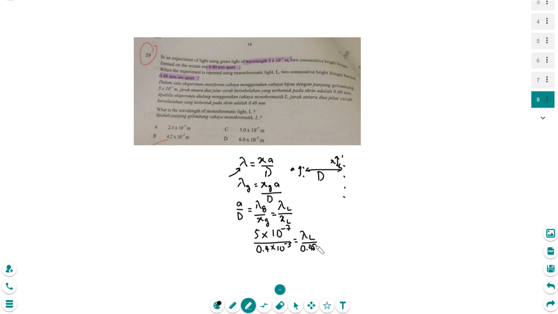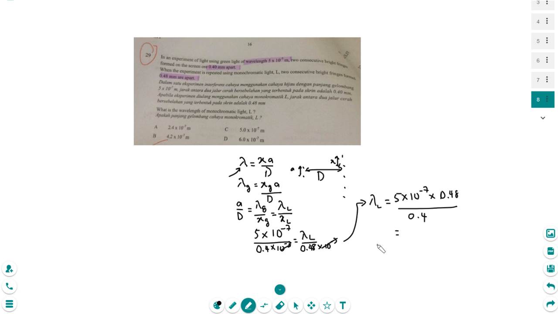So just solve this equation. Okay, so let's see. I bring lambda L to the left: 5 times 10 to the power of -7 times 0.48 over 0.4. So I can just do that.